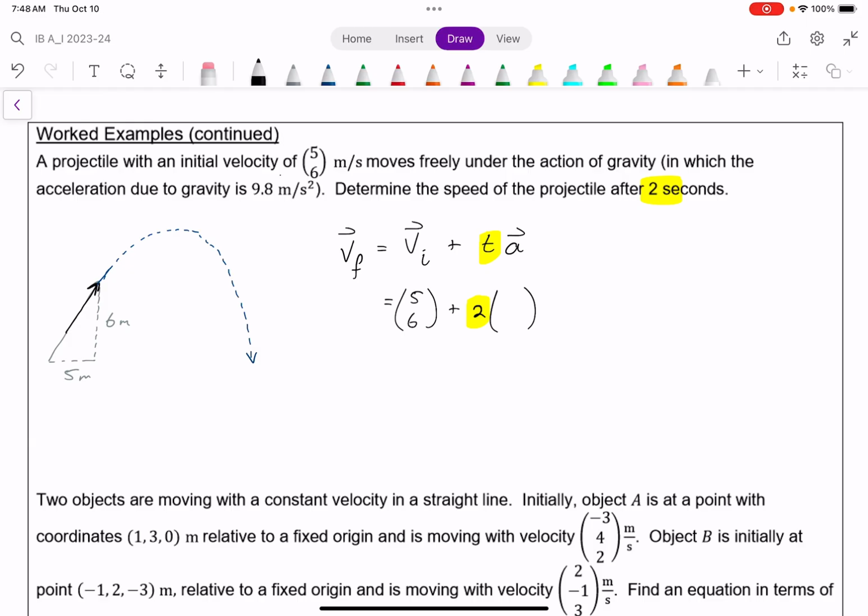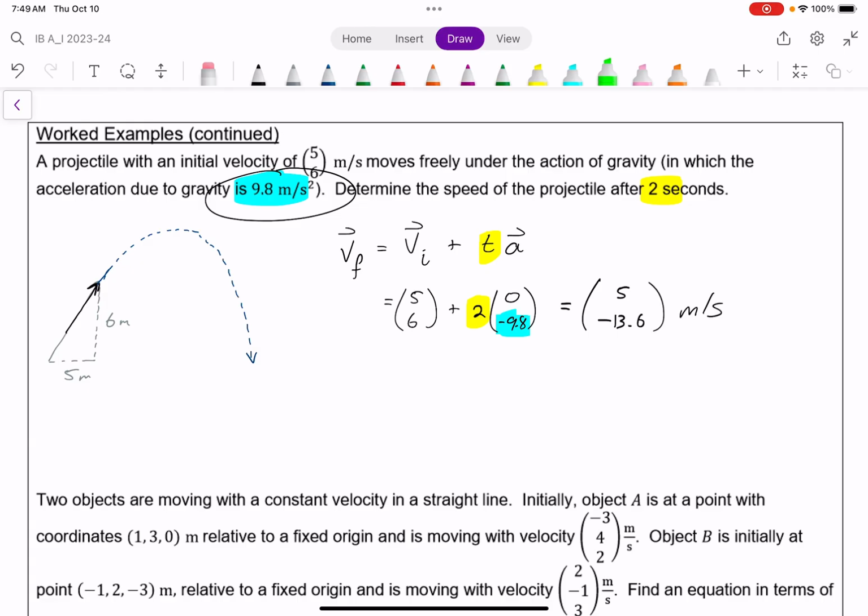So the acceleration is gravity, which is a vertical change, and it's pulling us down. So there is no horizontal component to the acceleration. The vertical component is a negative 9.8, because again, it's pulling down. And so like before, it's a relatively quick calculation, and I get a vector of (5, -13.6), and the units are meters per second.